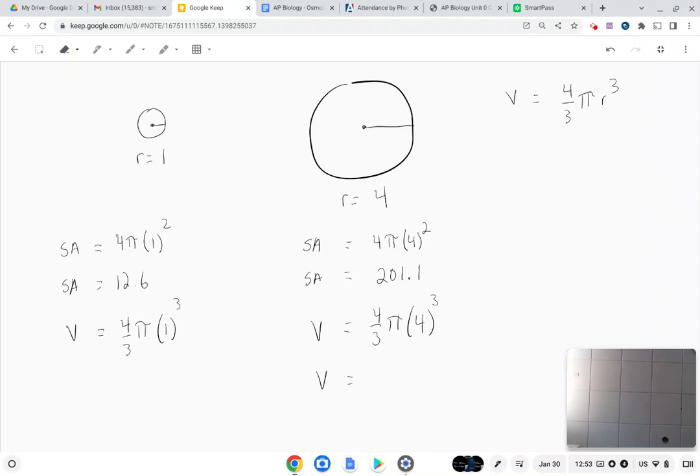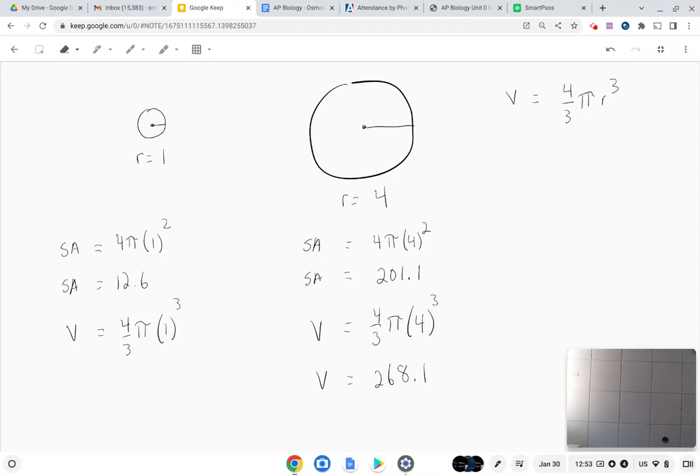Just want to make sure you guys can do these. If you have your own calculator, you can use that. Don't use a cell phone calculator because you know that on none of your tests will you ever be able to use a cell phone anyways. So it needs to be on a real calculator. But make sure that you're getting this number. I'm getting 268.1.